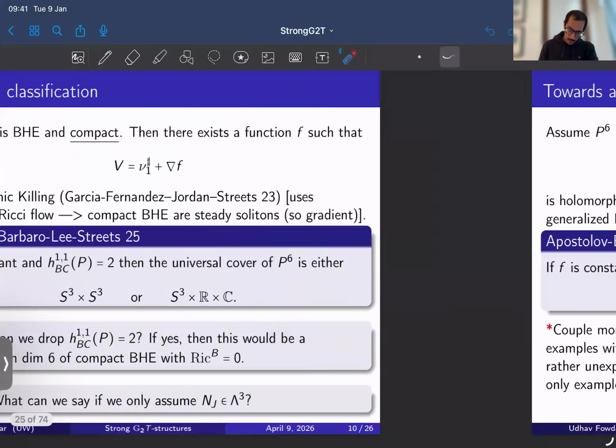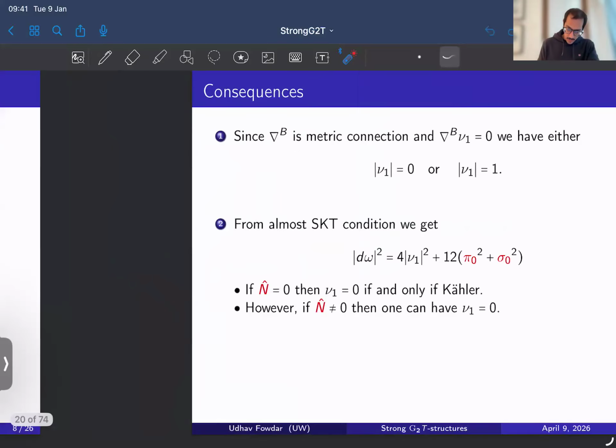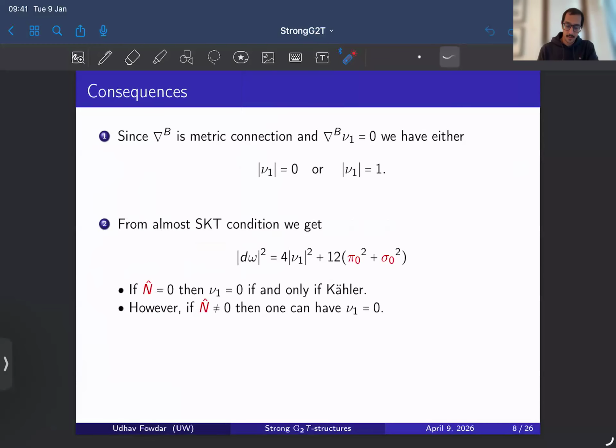So what this tells you, if I go back a few slides, remember I told you there was a potential dichotomy at this point here. The Lee form could either be 0 or non-zero. If the manifold was complex, this term here would die off, so the Lee form would necessarily have to be non-zero in the complex case. But if the manifold was not complex, only almost Hermitian, then it could happen that this term here would be 0, and this term here would have to compensate for the failure of the manifold being Kähler.